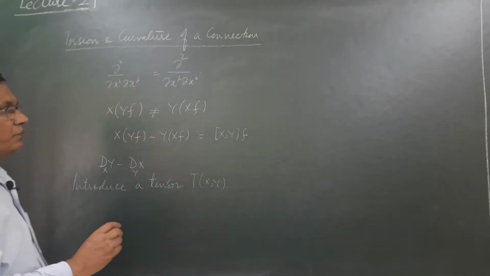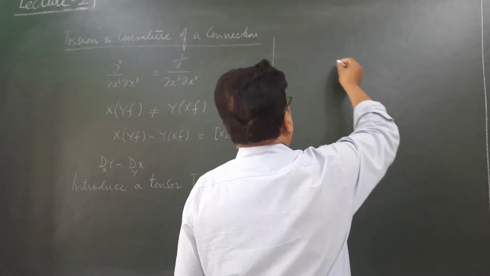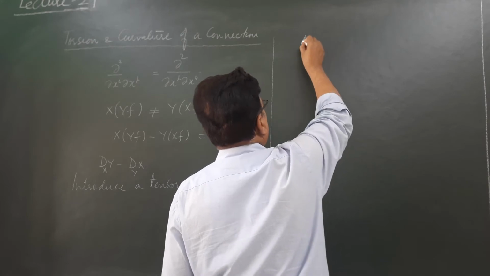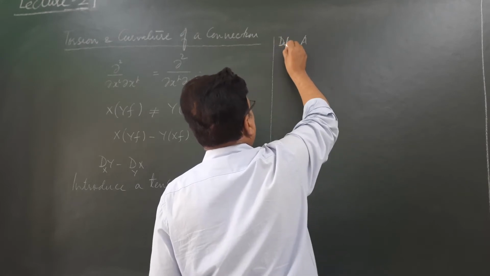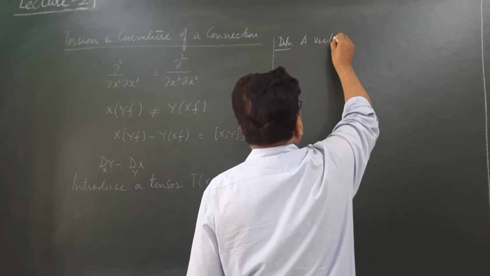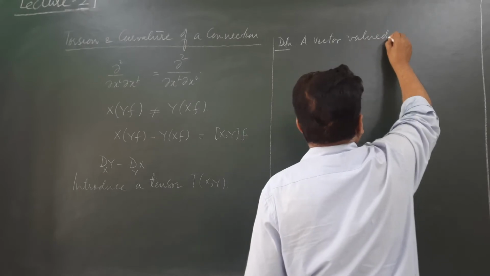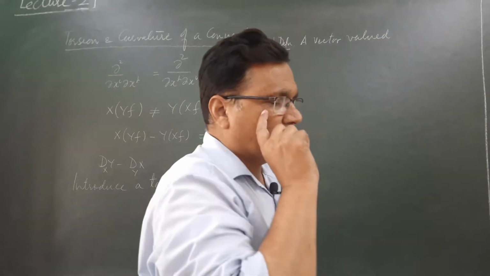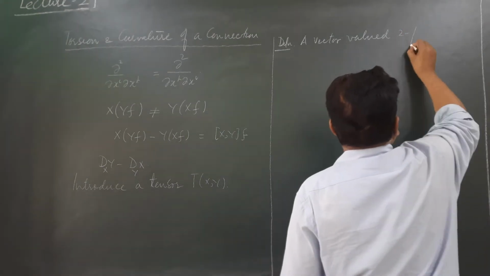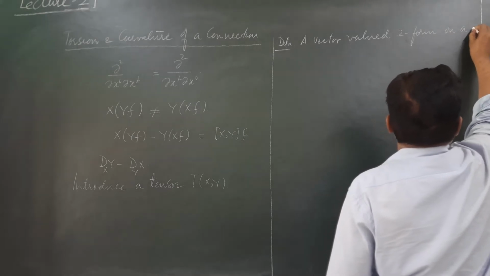So formally speaking, let me write down the definition. A vector valued tensor, a vector valued 2 form rather, it is skew symmetric, so it is a special tensor, a vector valued 2 form on a manifold.